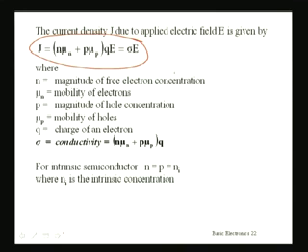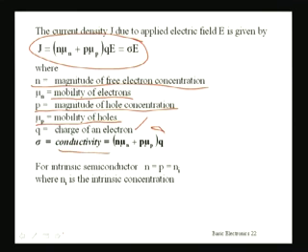Now, what are those terms? N is magnitude of free electron concentration, mu N is mobility of the electrons, P is magnitude of the hole concentration, and mu P is the mobility of holes, Q is the charge of an electron, and sigma is known as conductivity, which is given by this expression N mu N plus P mu P into Q. Now for intrinsic semiconductor, as N is equal to P, which is equal to Ni, that is intrinsic concentration.